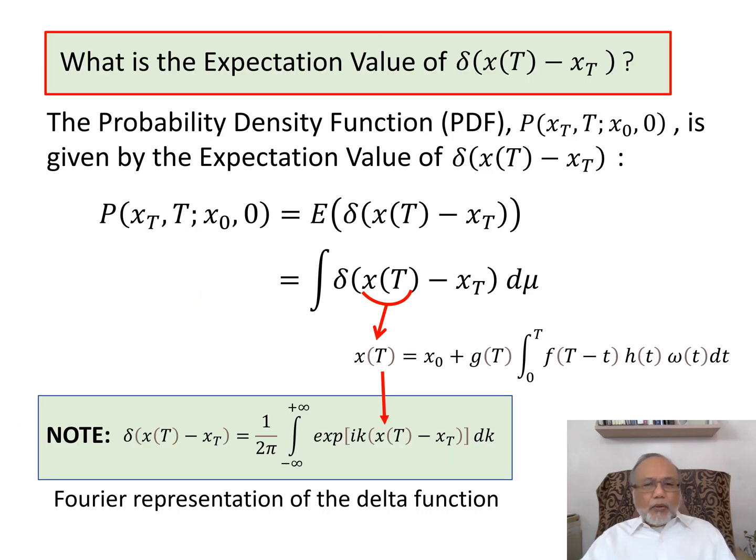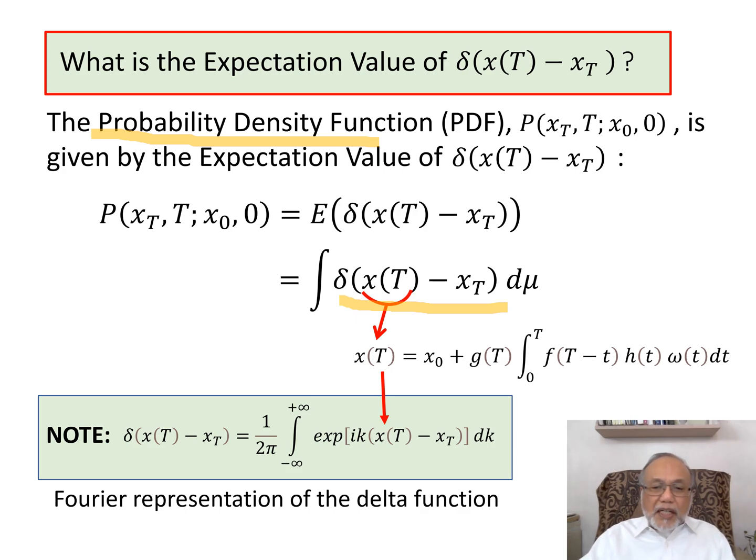So now, if we ask the question, what is the expectation value of this Donsker delta function? The probability density function is actually given by this expectation value. So what we will do is sum over all non-zero contributing paths, and summing is actually integrating everything.